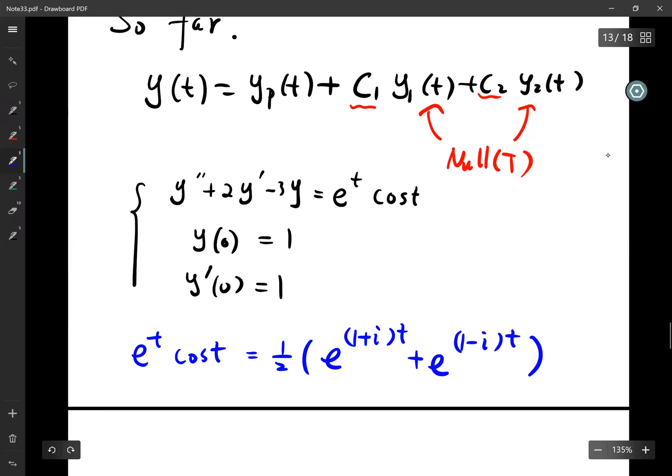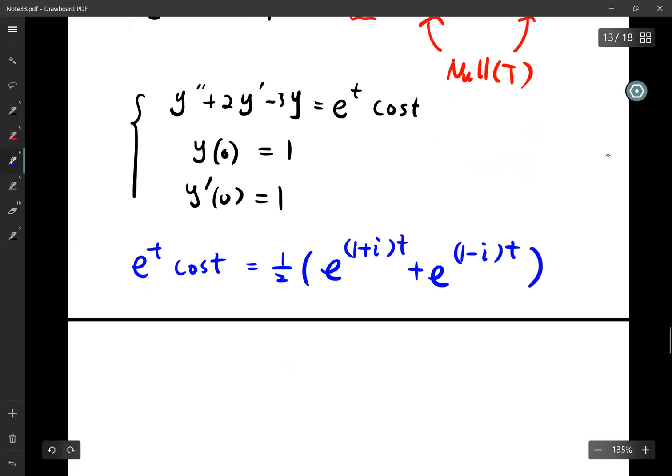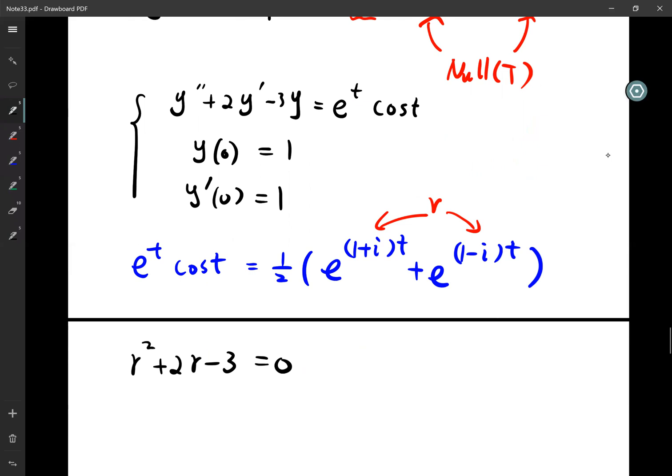Any question for this? Okay, now these are our r's. And again, there's a linear combination. We'll try to solve the auxiliary equation and try to look whether we're unlucky. Yeah. What do you mean?